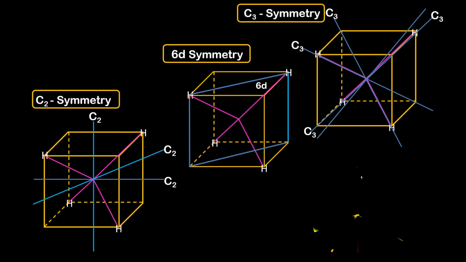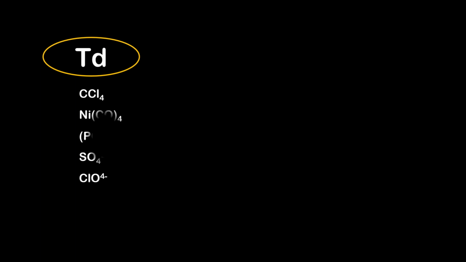For better understanding, in the top view of the molecule, from the center of the molecule, the C3 axis is there. For better understanding, let's take some examples of tetrahedral molecules: CCl4, Ni(CO)4, phosphate, SO4 2 minus, ClO4 minus.